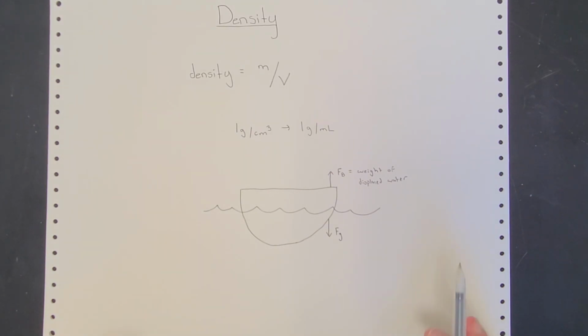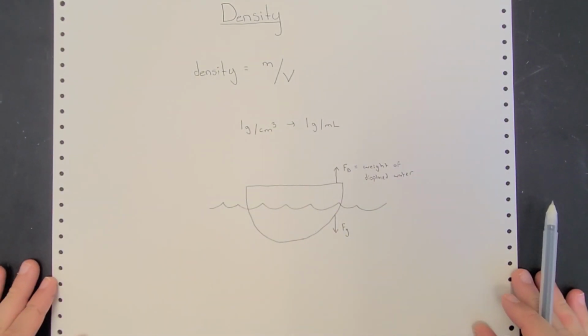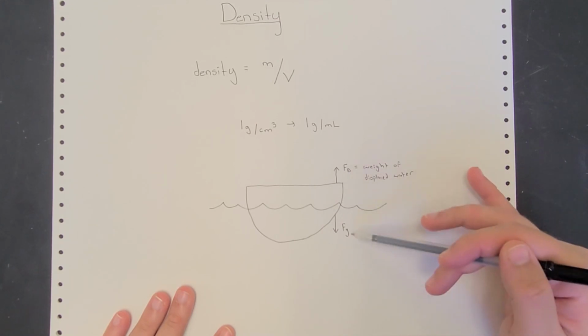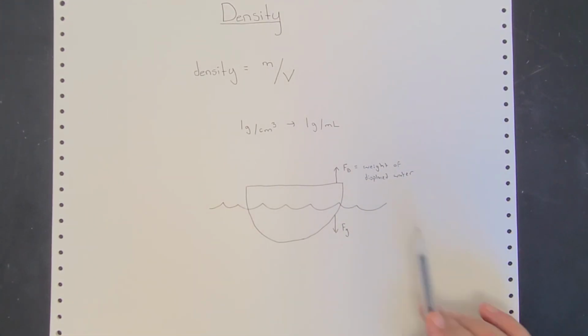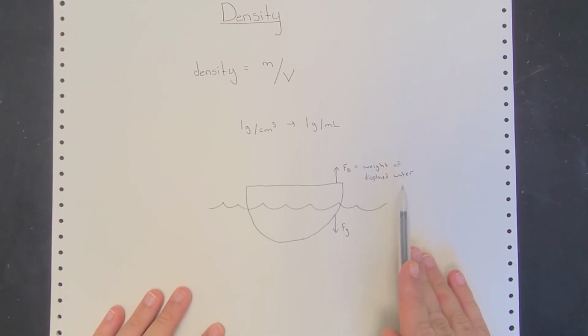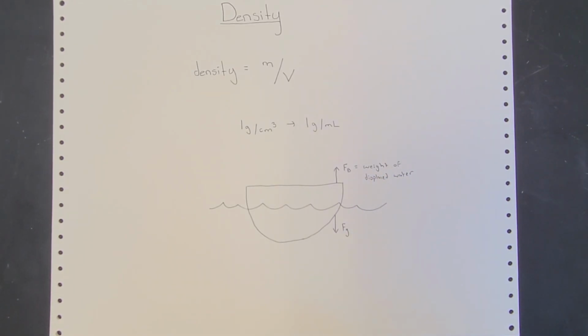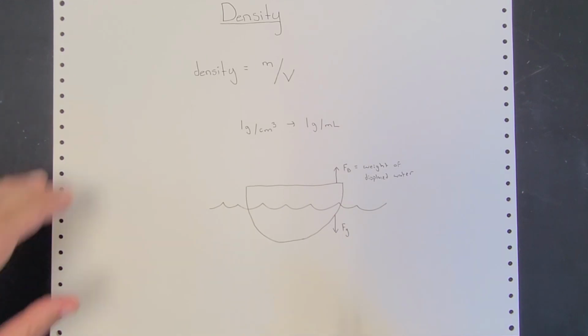All right, so if this object is floating, these two forces are going to be equal to each other because it's going to be in equilibrium in the y direction. So that means the weight of the displaced water would have to be equal to its own weight. And this is what we call Archimedes' principle.